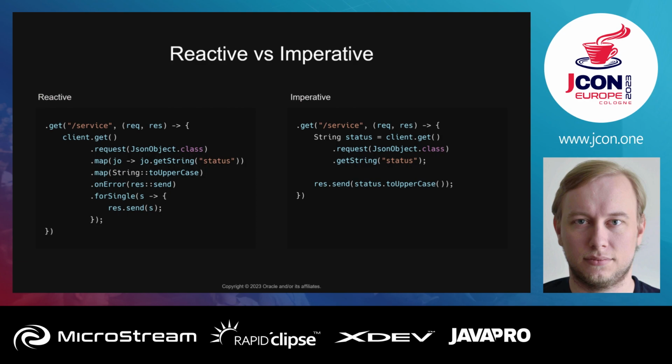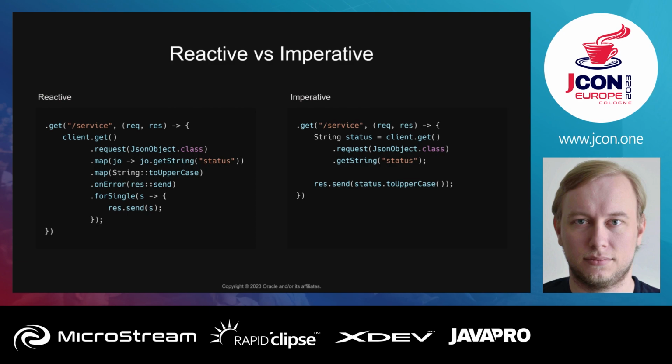All right, now let's compare the reactive type of code with the imperative style. As you can see on the left side, there is the reactive paradigm where you are just executing a GET request to some endpoint, and you are requesting the response to be handled as a JSON object.